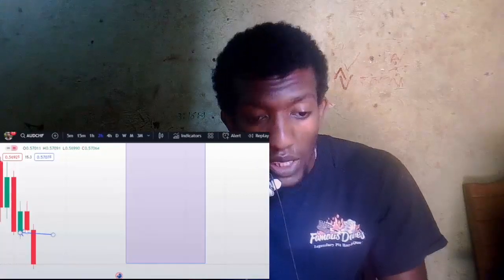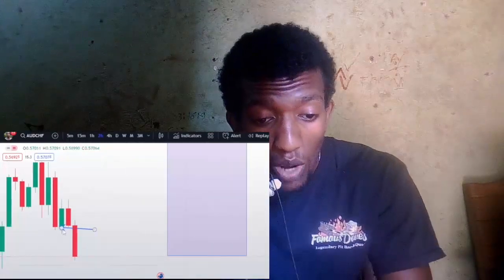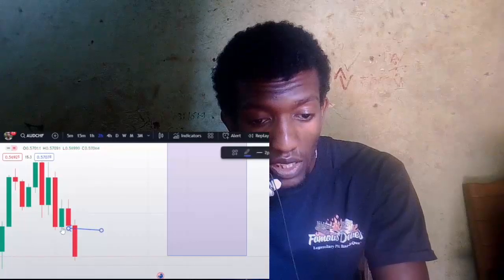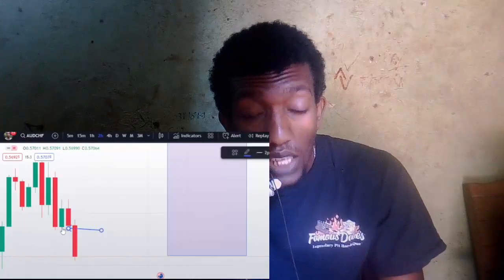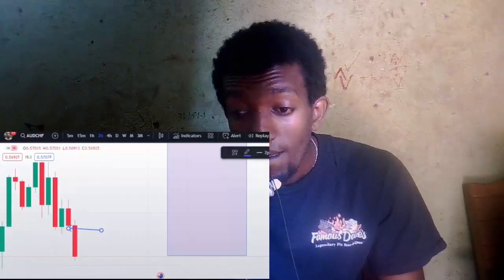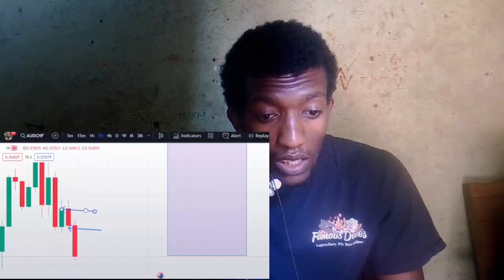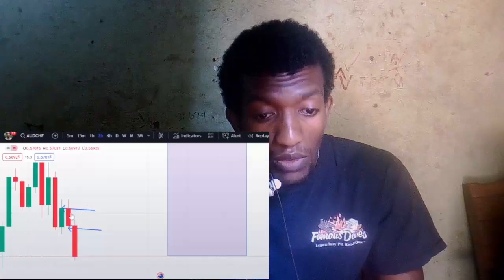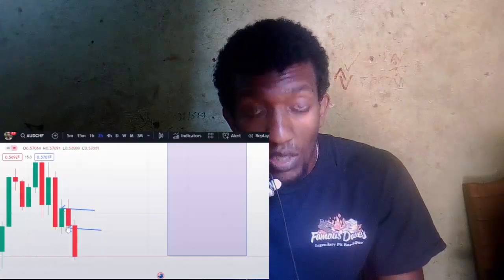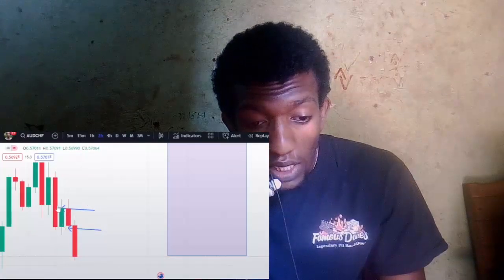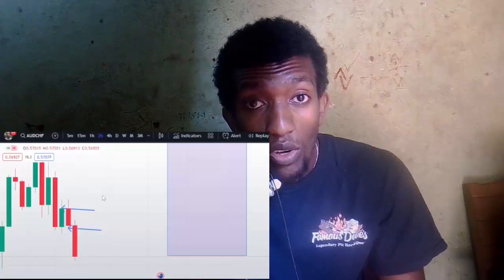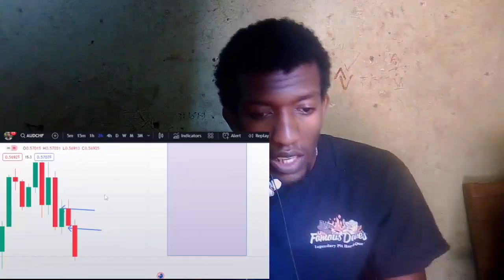This one is called the opening. This is where the 2-hour candle opened. Then the closing price is right above here. This is the opening price and this is the closing price for a bullish candlestick.